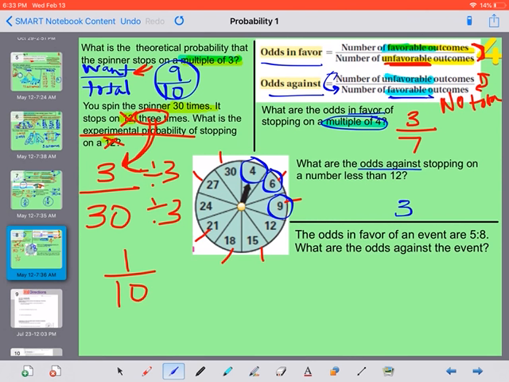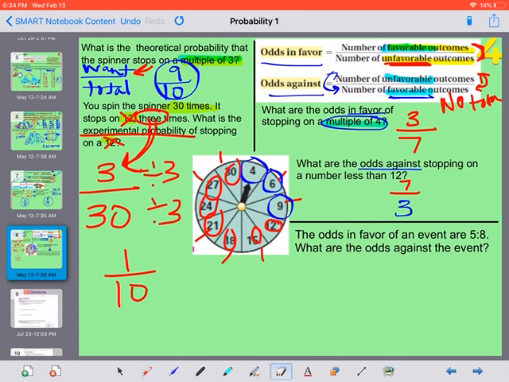So we're really asking how many are not less than 12. So there are 1, 2, 3, 4, 5, 6, 7 unfavorable choices and 3 good choices. So the odds against stopping on a number less than 12, well, the odds are against you here, 7 to 3. Odds are you're not going to land on a number that's less than 12.